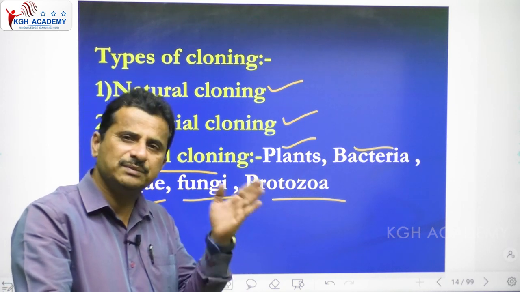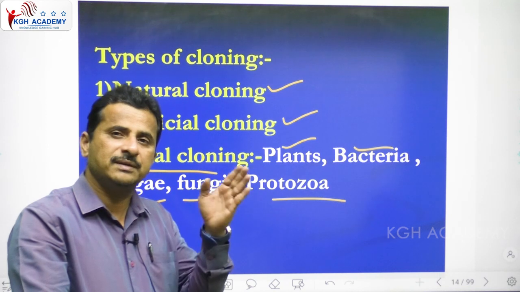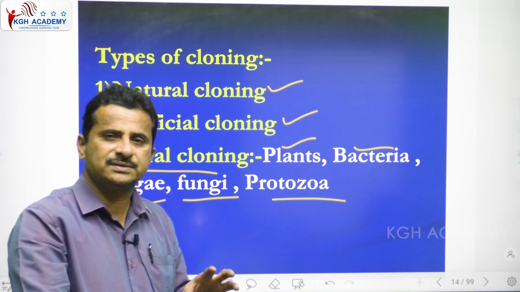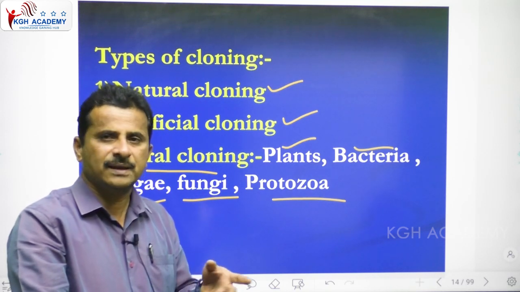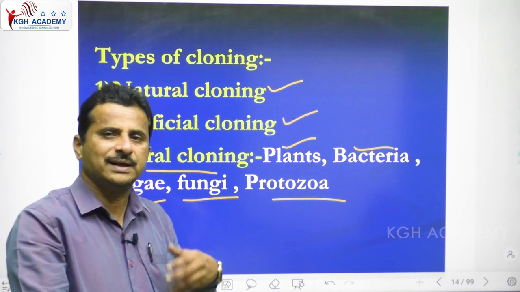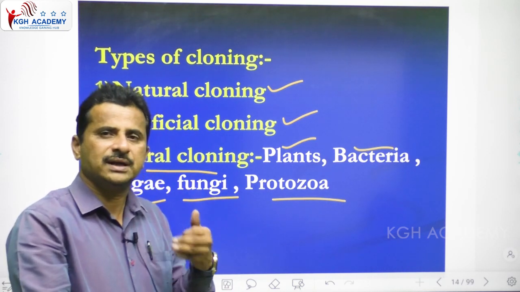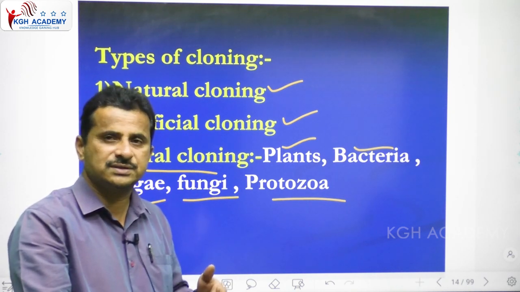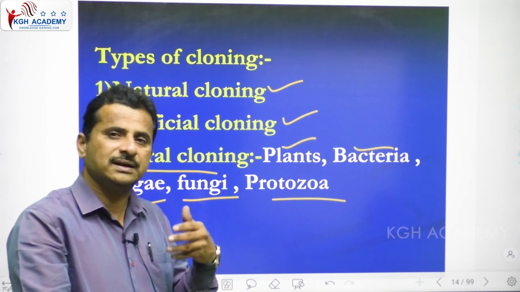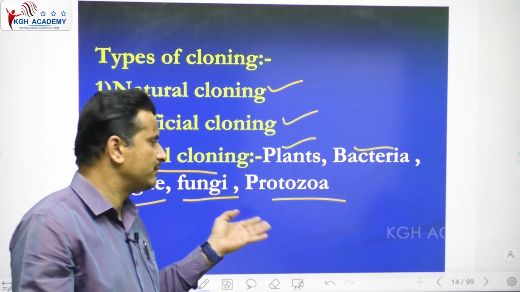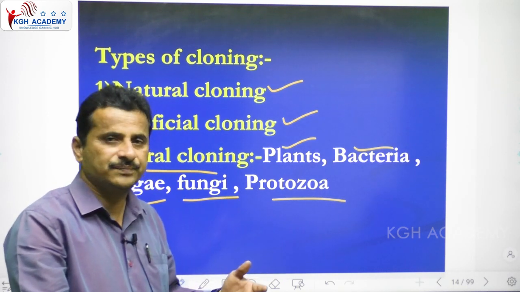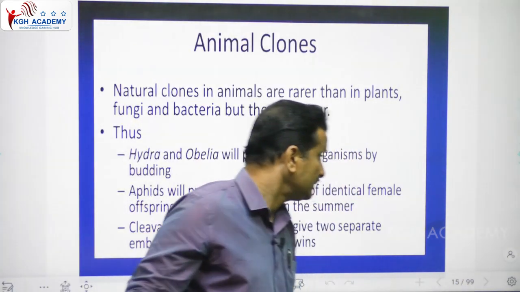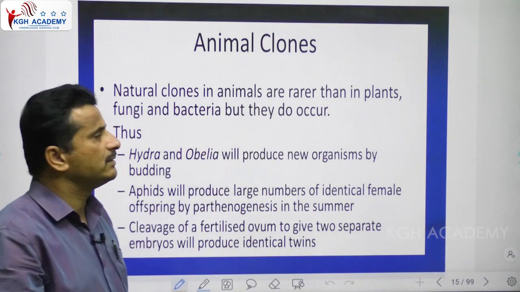These all produce the same type of organisms, identical organisms, through reproduction, and this is called cloning. Naturally all these organisms continue the next generation with the same type of individuals. So plants, bacteria, algae, fungi, protozoa show natural cloning. Here we are discussing artificial cloning in detail. One more slide related to animal clones.